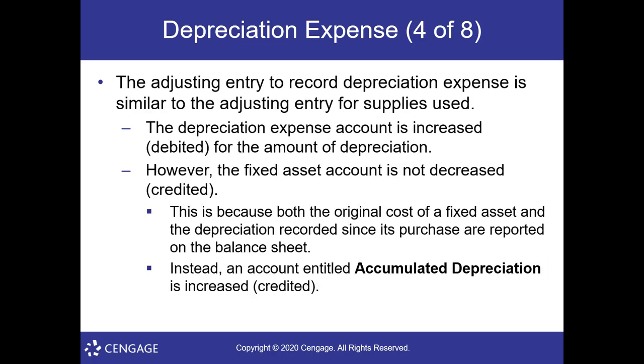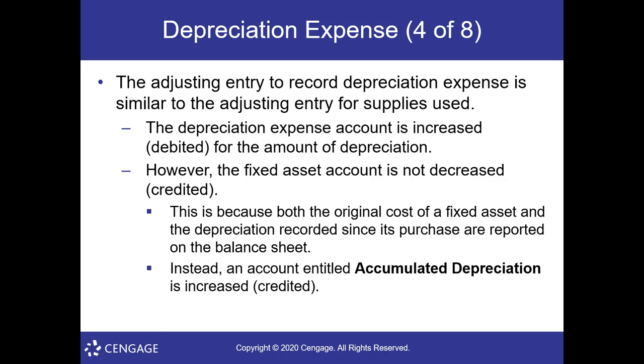So we're going to use the debit to depreciation expense, but the credit is to a negative asset. We're not going to credit the original equipment or building or computer account. We're going to separate that out so that the readers of the financial statements know an idea as to how much useful life is left in our property, plant, and equipment.